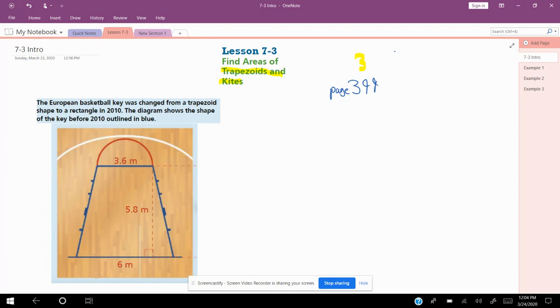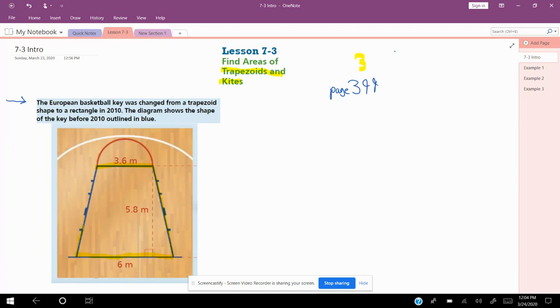So this problem says, if you look right here to the left, the European basketball key was changed from a trapezoid shape to a rectangle in 2010. The diagram shows the shape of the key before 2010 outlined in blue. The key to a basketball court is where players stand for free throws.